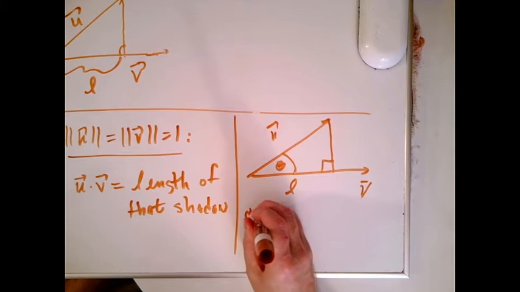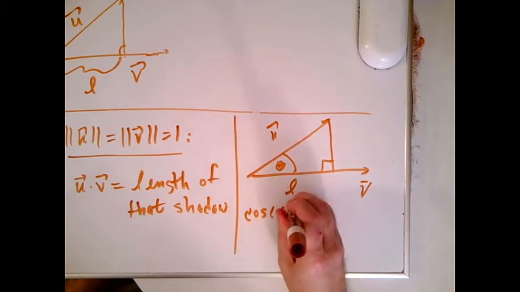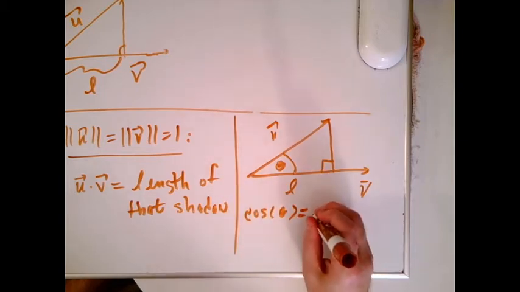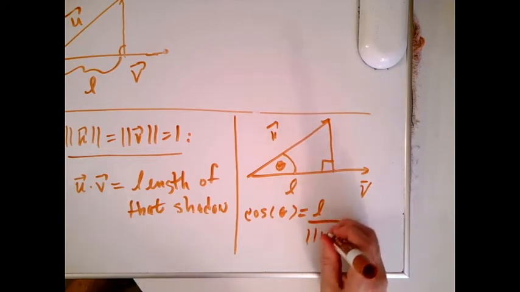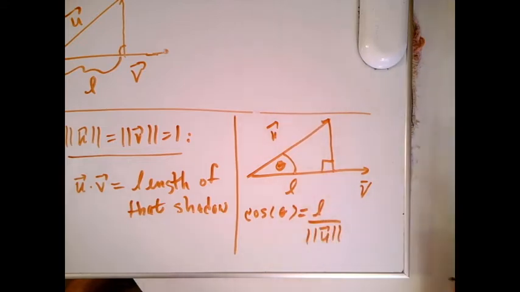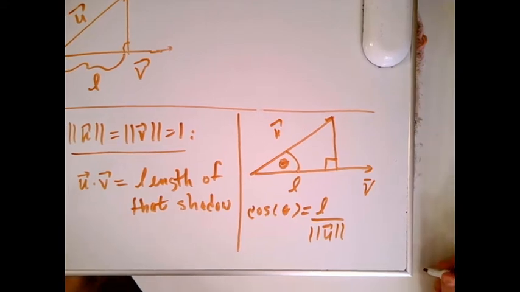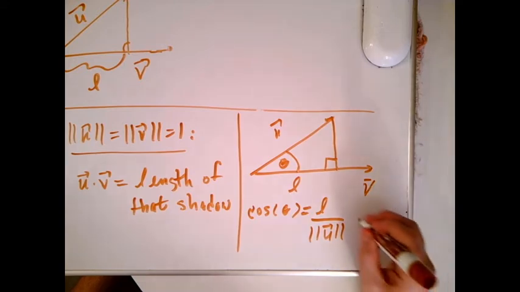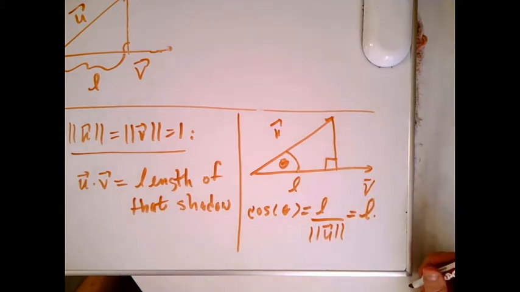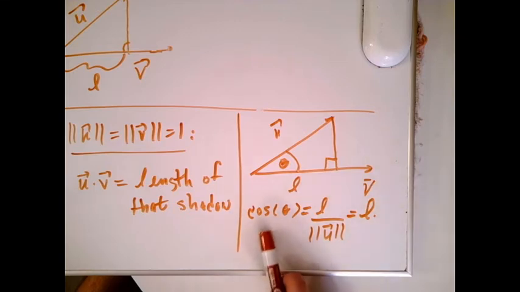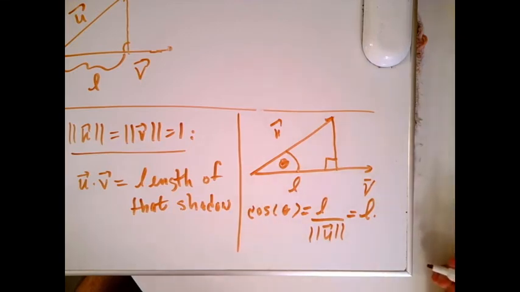The cosine of that angle is equal to the length of the shadow that we want the dot product to be equal to, divided by the length of vector u. But we're assuming in this case that both u and v have length 1. And so the length of the shadow that we're interested in is equal to the cosine of the angle between them.